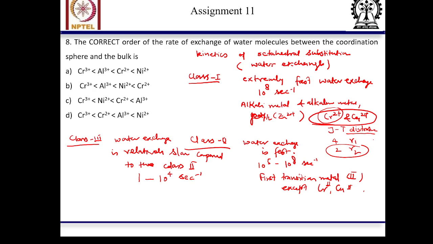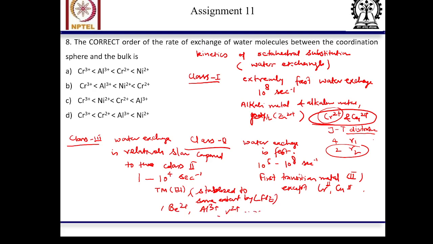Most of the transition metals in plus 3 oxidation state, and one more thing is that they are stabilized to some extent by LFSE. That is the most important thing. And we have beryllium 2 plus, aluminium 3 plus, and vanadium 2 plus, like that.